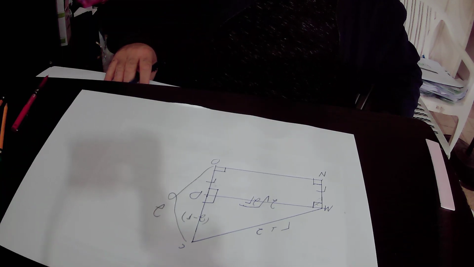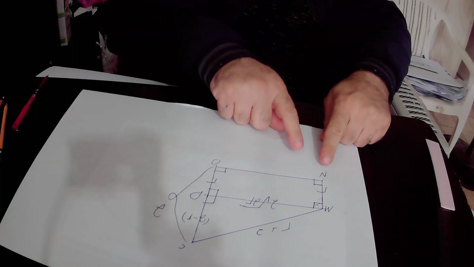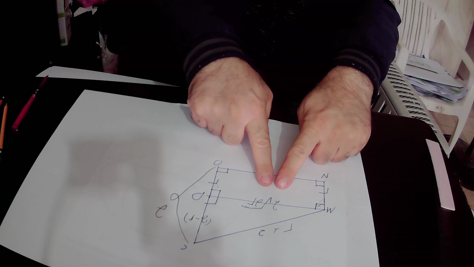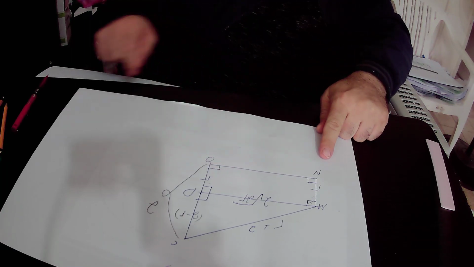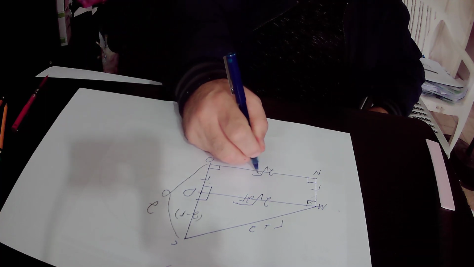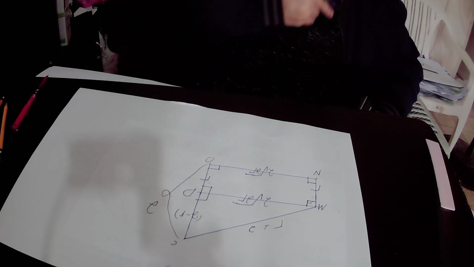But because the opposite sides of a rectangle are equal to each other, MD will be equal to NO, but we know that MD equals 2 times the square root of 2R, so NO, which equals MD, will also be equal to 2 times the square root of 2R. Okay?